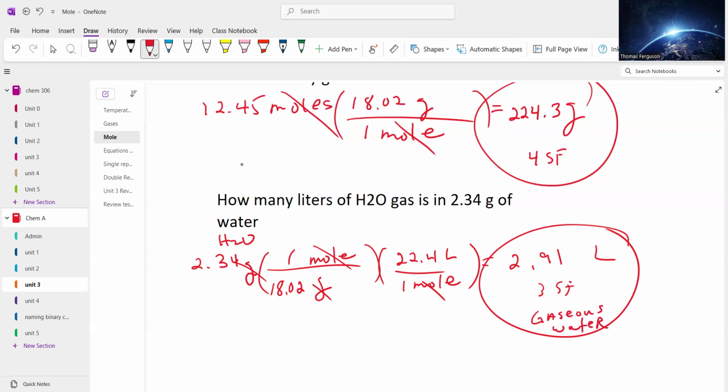That would be 2.91 liters of gaseous water. Again, we're using that intermediate moles, then it'll be your front.